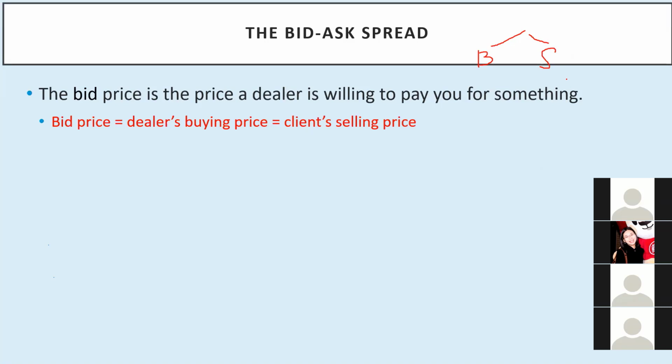So if the bank quotes a bid price, then that is the price that they are willing to buy at. And as retail customers like you and me, we would trade at the opposite side, right? So if the bank is willing to buy at $2, for example, that means when we want to sell the currency, we will be selling at their buying price, right? Does that make sense?